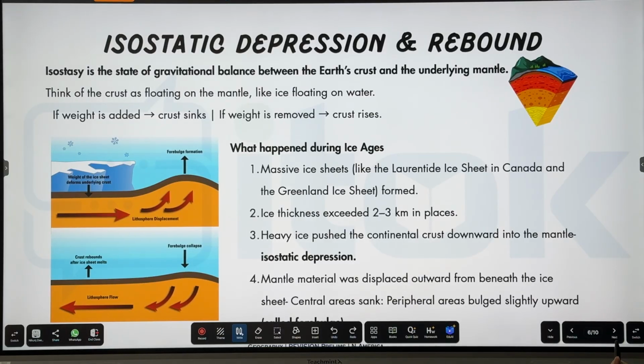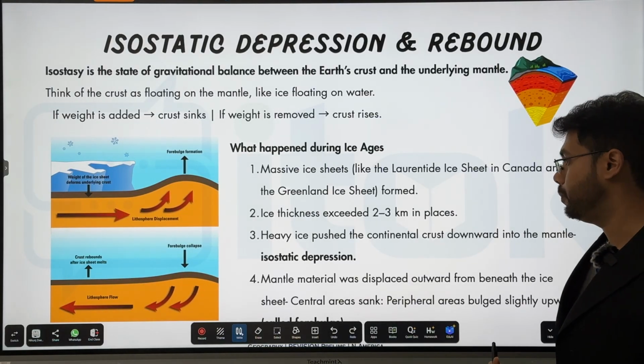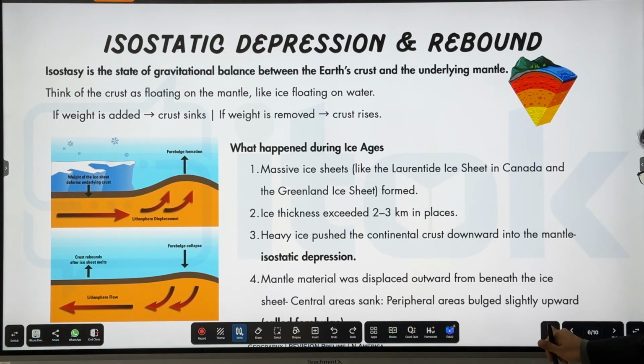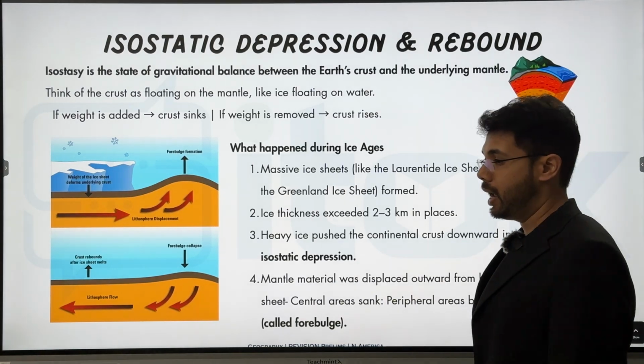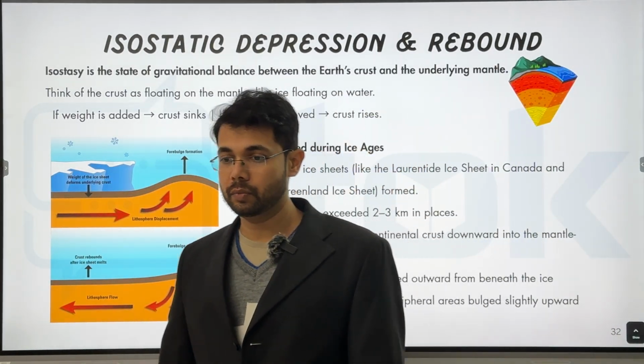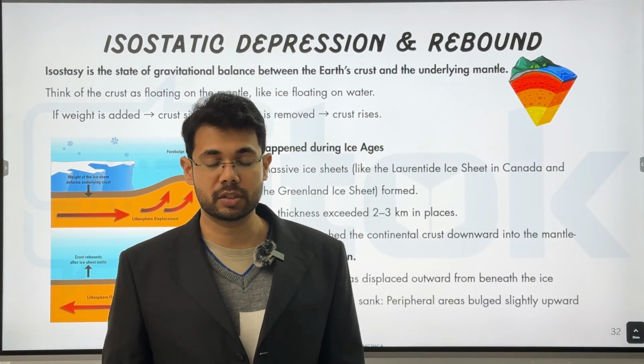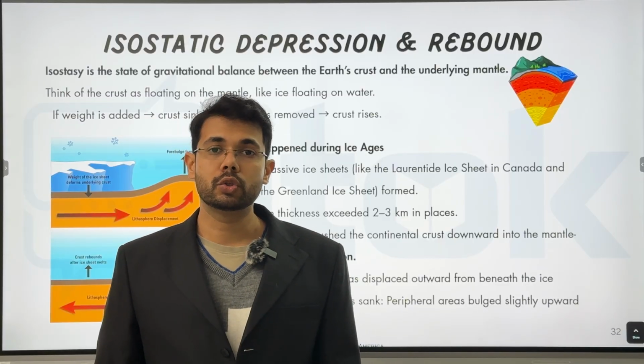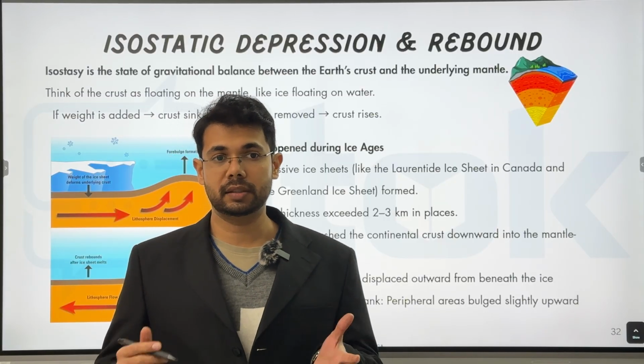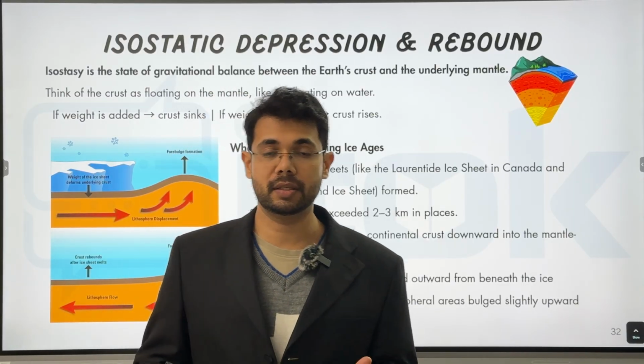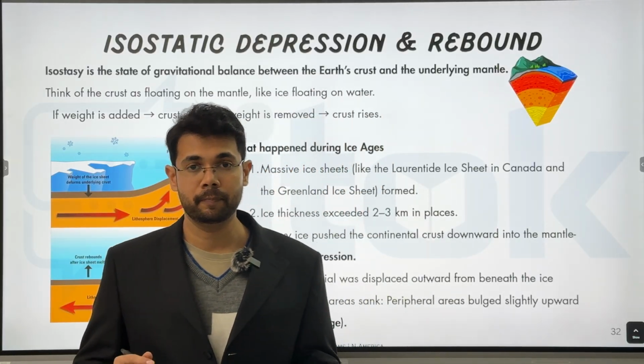Finally, isostatic depression and rebound. Now, the ice sheet of Greenland, and we will soon be seeing what destruction and damage ice sheets have done. Ice sheets are 3 kilometers, in some places 4 kilometers thick.